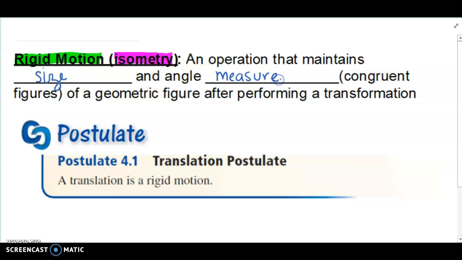Basically, like a translation, we move it, but we're not changing the size and we're not changing the shape at all. So that would be a rigid motion or an isometry. And then the translation postulate basically tells us that a translation is a rigid motion. This should make sense. We can translate something anywhere on the coordinate grid and it's still going to maintain a congruent shape. The shape of it is not going to change, only the location that it's in does.